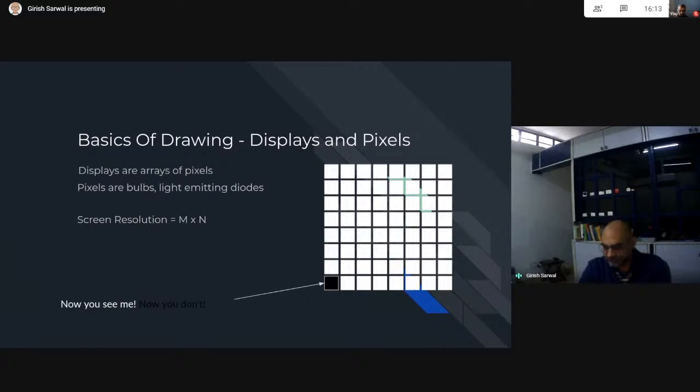What is a pixel? A pixel is a short form for picture element. Think of pixels as bulbs, as LEDs. When you're looking at your TV screen or your monitor, you should think that you're staring at a big array of bulbs going row wise and column wise. The product of these two is what we call the screen resolution.